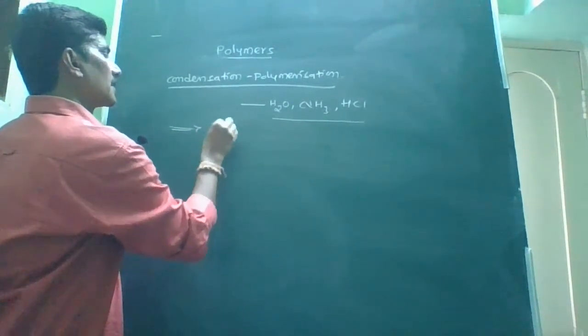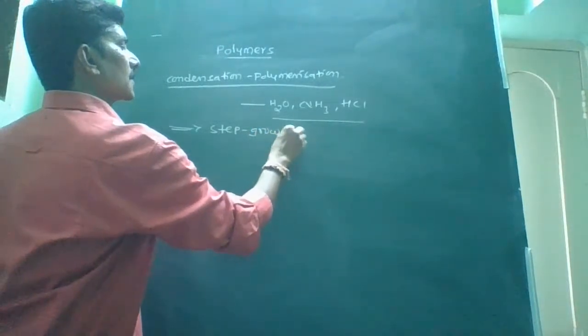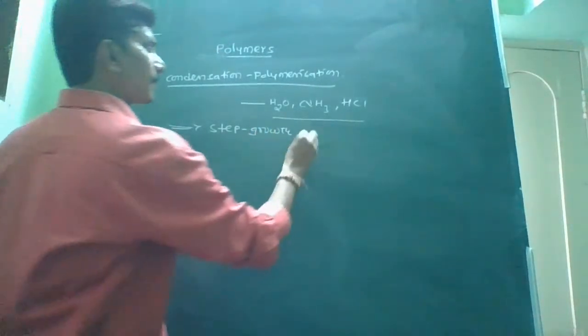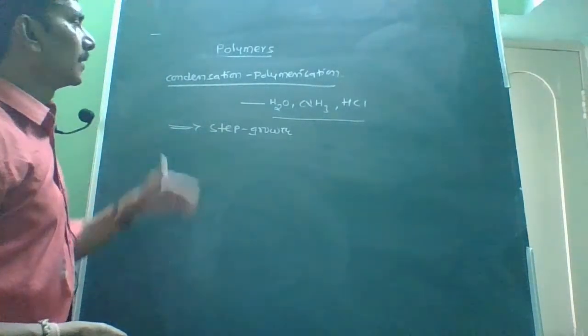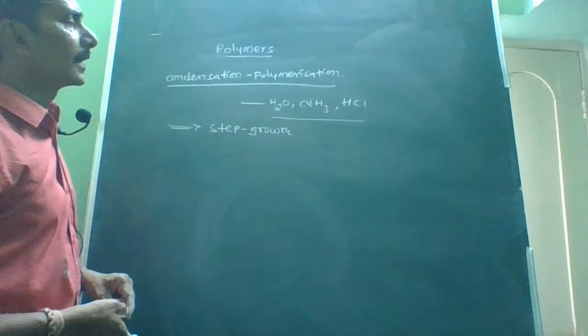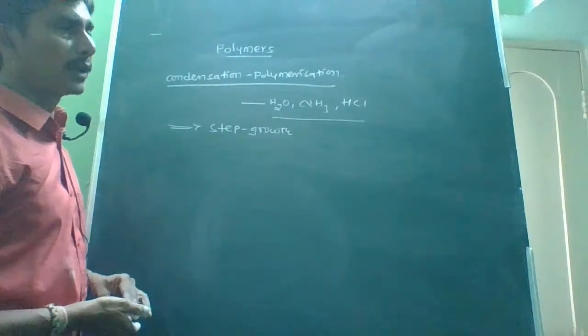These are also called step growth polymerization. In each step, the chain length is increased, so it is called step growth polymerization.